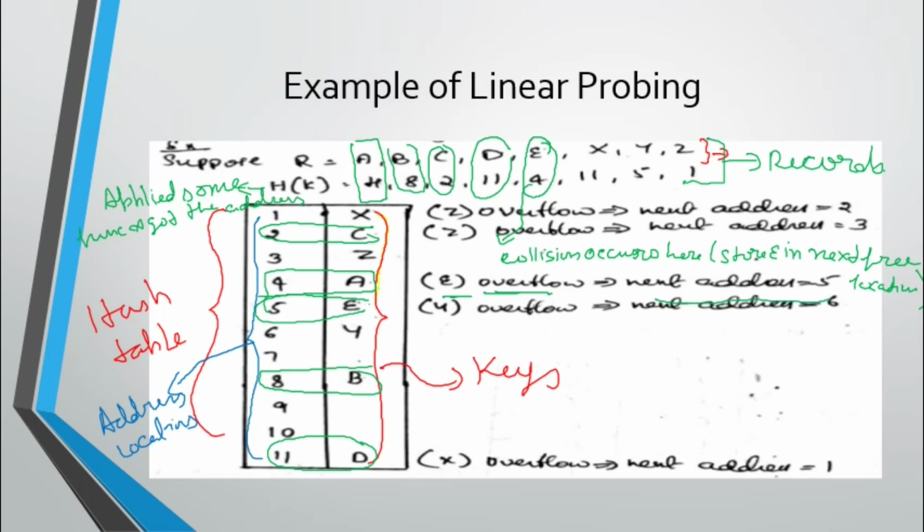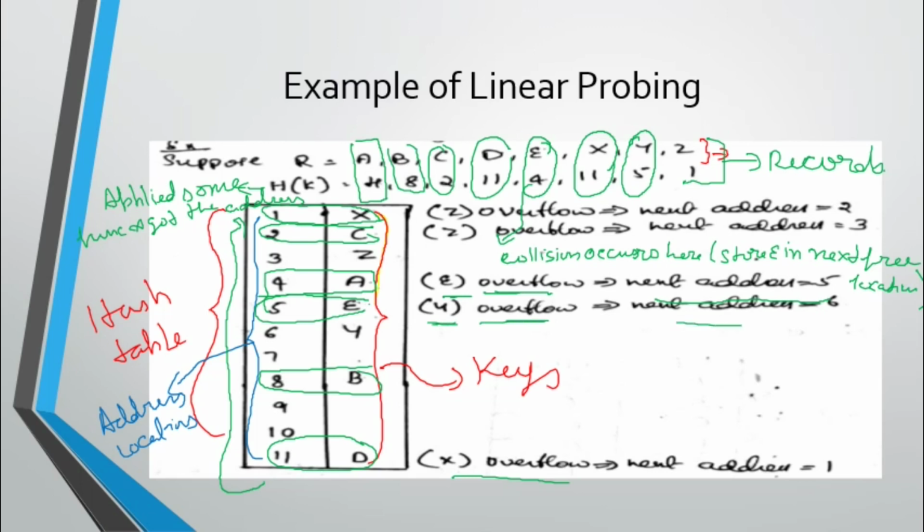Once again, when you try to store X, 11 is already filled by D. Again overflow occurs, so the next free location. I told you it is circular in nature, so after 11 you go to the first location, and in the first location you store X. Next Y: you got the address 5, which is again filled because E is already stored there.